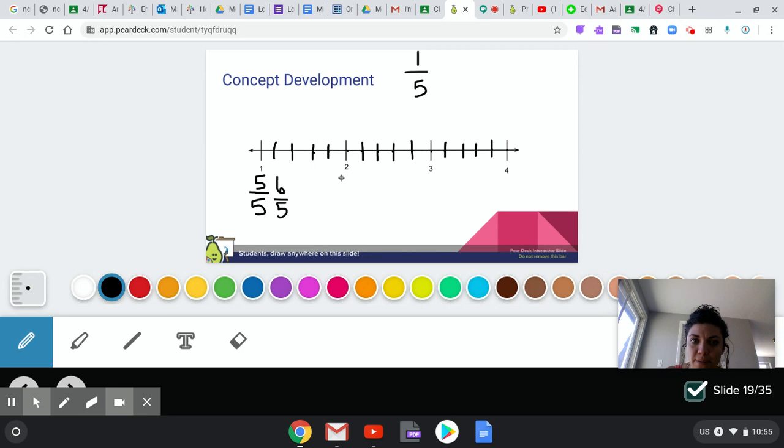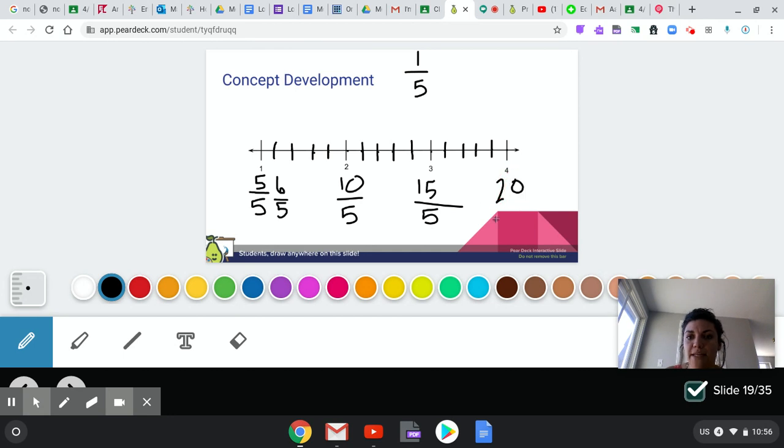So the big thing to remember is that 2 wholes is 10/5. 3 wholes is 15/5. And 4 wholes is 20/5.